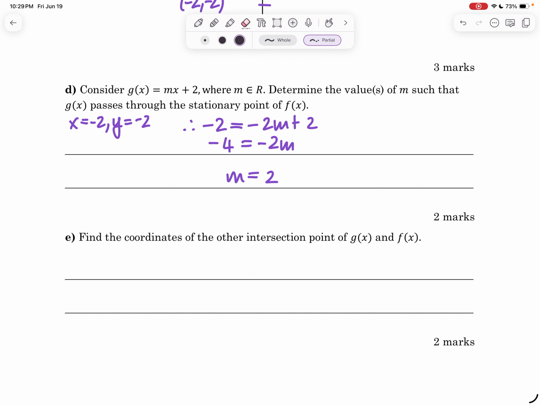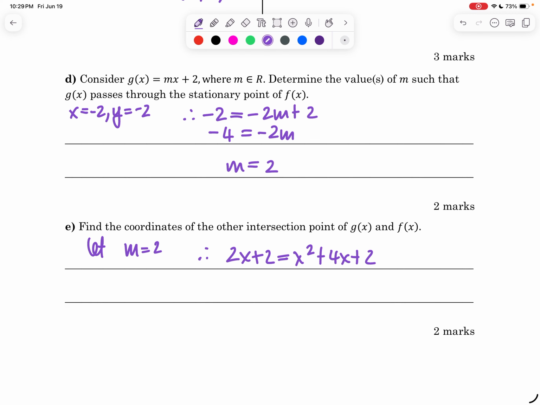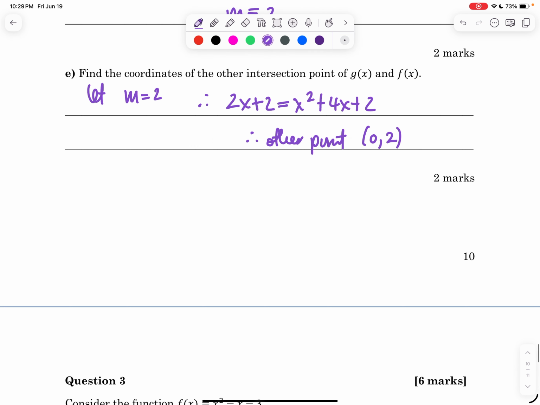So the other point, if we let m equal 2, we get 2x plus 2 is equal to x squared plus 4x plus 2. Therefore, the other point is 0, 2. We know because of the graph.